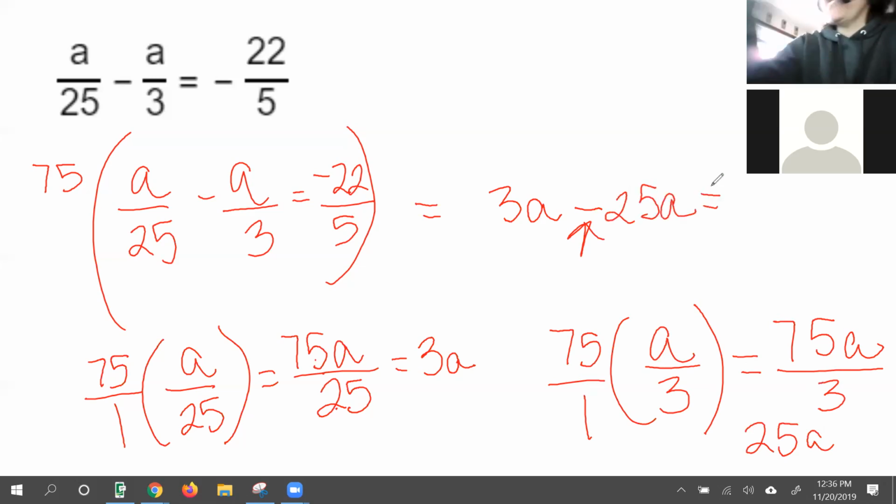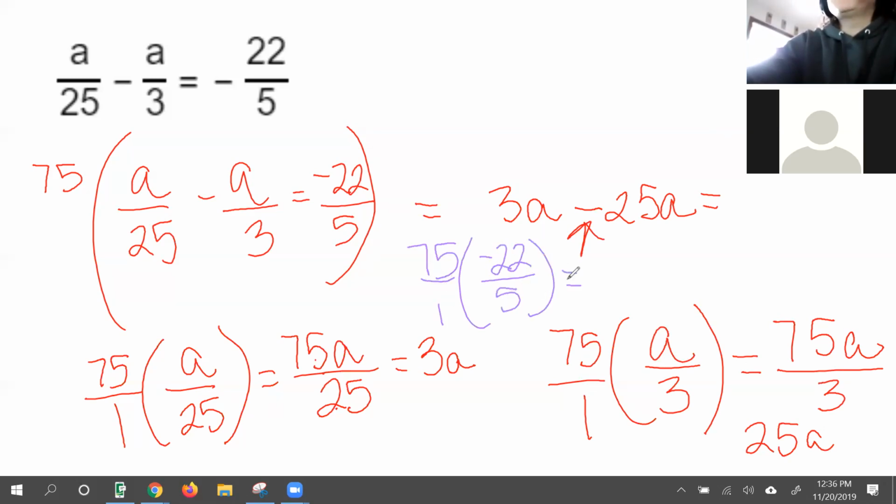And then for my last part here, I would have 75 times negative 22 over 5. And I multiply straight across. 75 times negative 22 is the same as negative 1650.